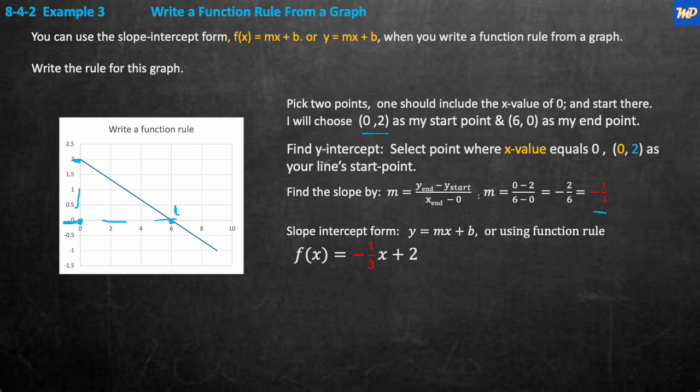So here's the 2 value. So f of x equals minus 1/3 x, because we replaced the m with the minus 1/3 that we calculated right here. So now we have f of x equals minus 1/3 x plus 2.